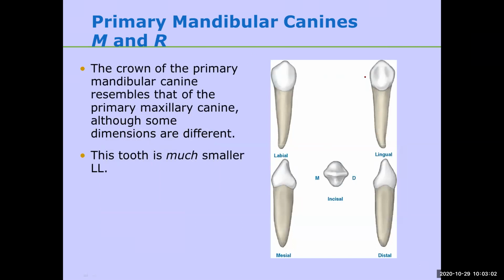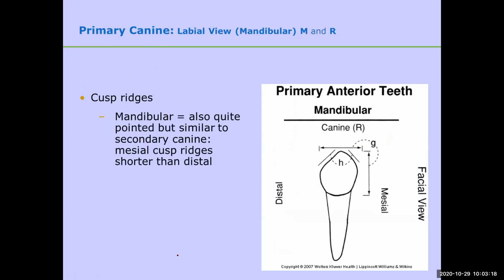I want to see a relatively straight mesial. If this was a maxillary canine, it would be more like that. Straight mesial.